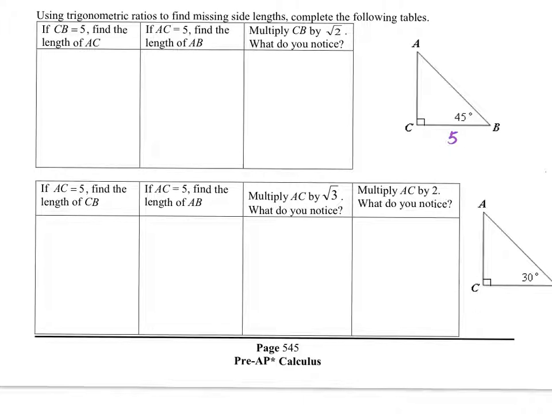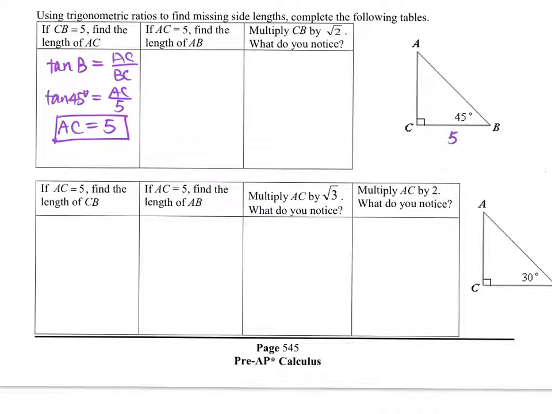Because AC is the opposite leg and we know the adjacent leg BC, probably the best thing to do is to use tangent. Tangent is opposite over adjacent, AC over BC. So tangent 45 degrees equals AC over 5. Tangent 45, if you use your calculator, is 1. 1 times 5 gives me AC equals 5.